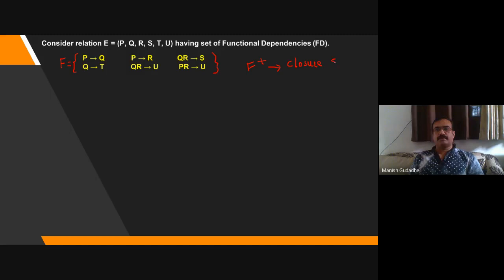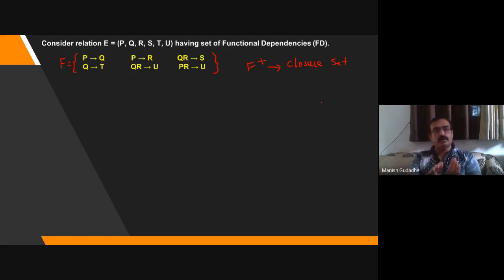So if F is the set of FDs, F plus is the closure set of FDs on that relation, which are inferred by following the Armstrong axioms or inference rules.